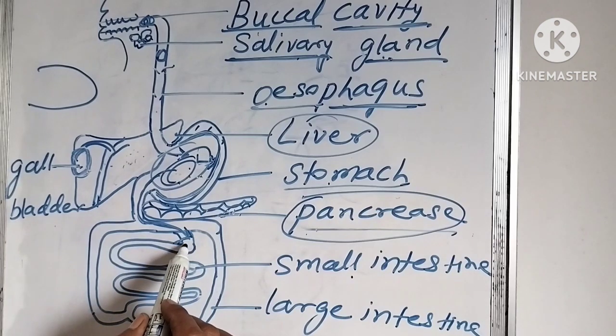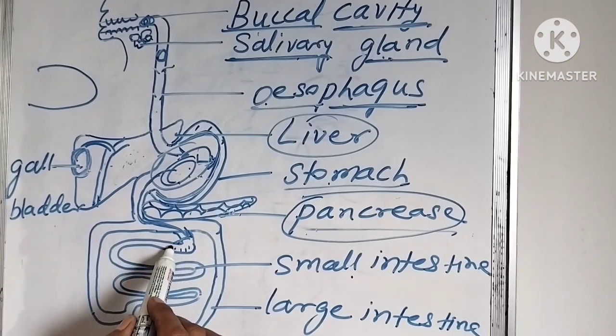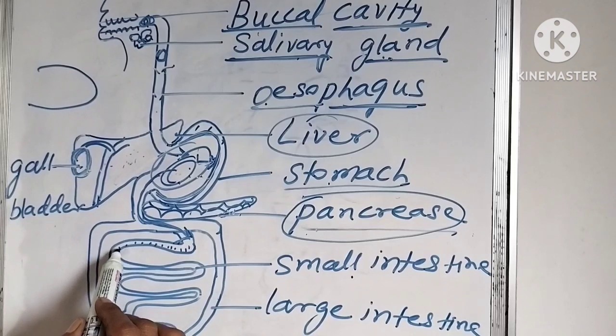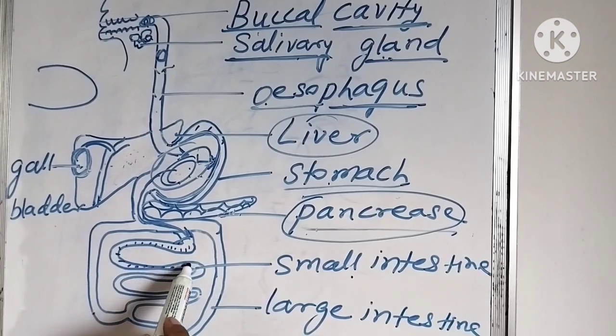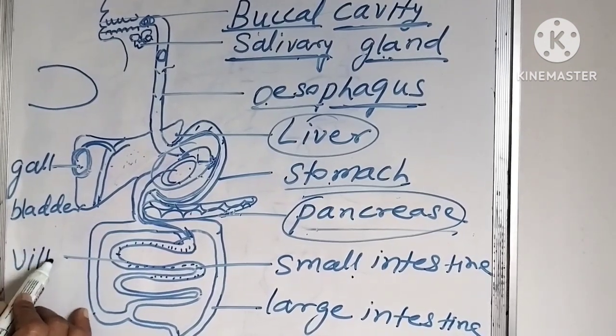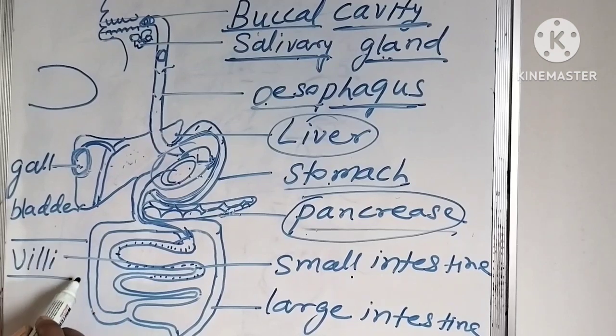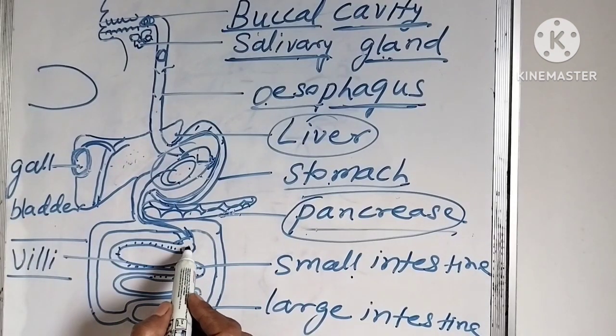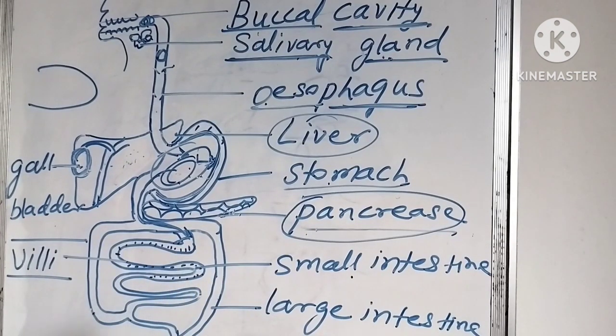In the small intestine, there are small finger-like projections present throughout the intestine, and these finger-like projections are known as villi. These villi help in absorption of the nutrients which are present in the food.